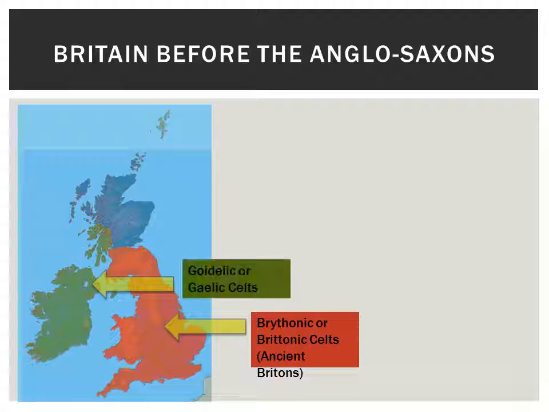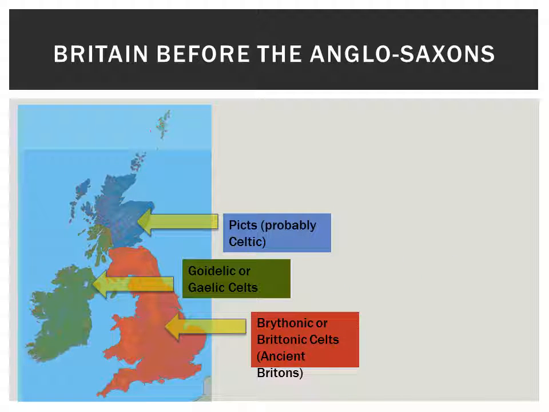Over here in Ireland, there was another group of Celtic people called the Gaelic Celts, or the Goidelic Celts. And the Romans didn't really get very much into contact with them. They're a bit too remote. And then the Scots, the Picts, as they were called in those days, were possibly Celtic or possibly not.